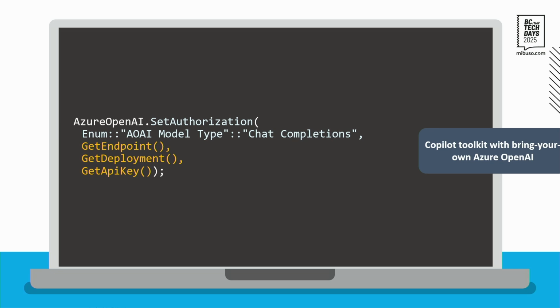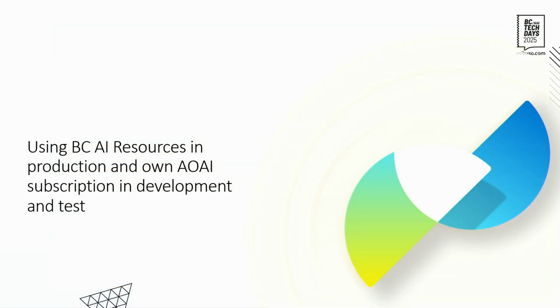If you want to run with your own subscription, of course, you just use the set authorization and provide your own account. Sometimes, as I said, you will probably use your own for testing and development and the BC AI resources for production. So how do you do that?